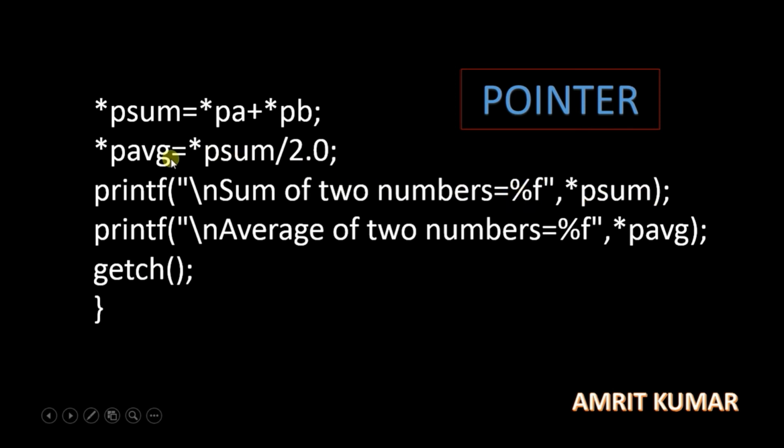Because we know that average is the total sum divided by the total number, and our total number is 2, we need to divide it by 2. Therefore, we get the average.